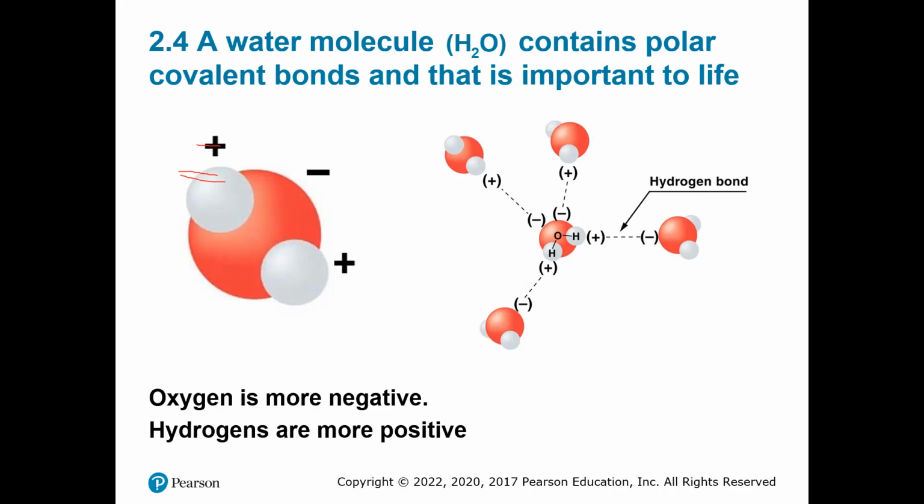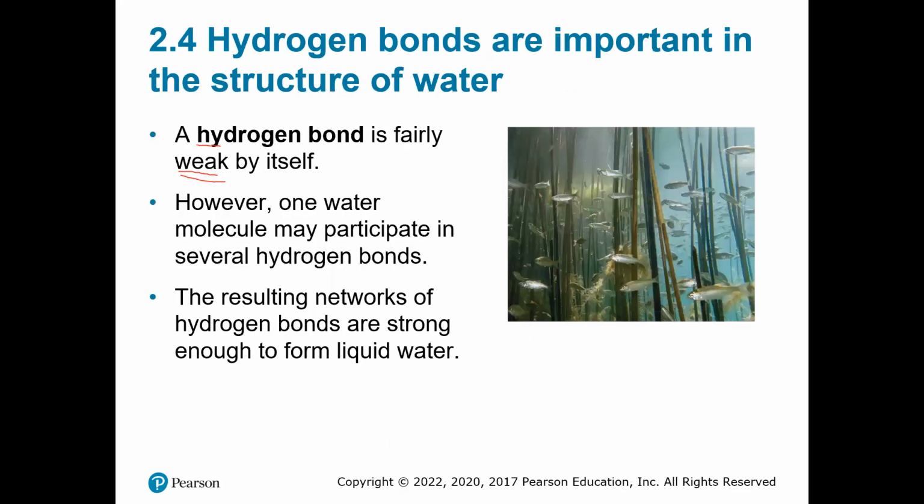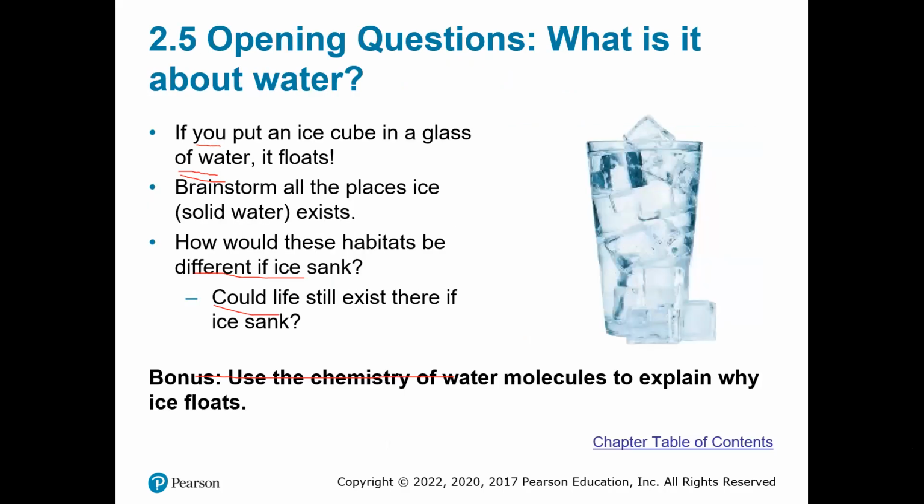So they're fluid. One water molecule may participate in several hydrogen bonds, and it makes this network. That network is how we get liquid water, and this network is what gives water all of its properties that make it cool. What makes water special are these hydrogen bonds.